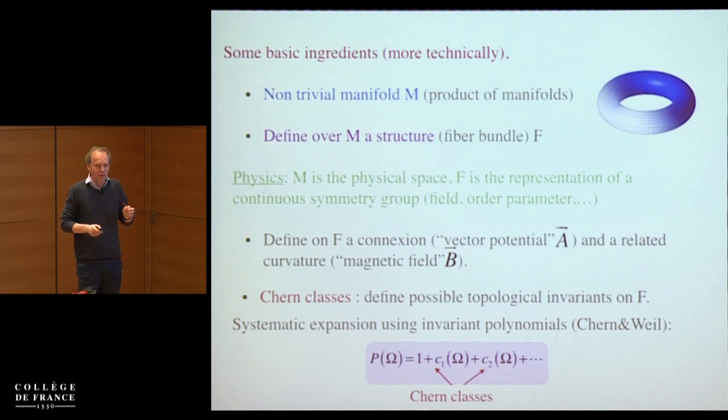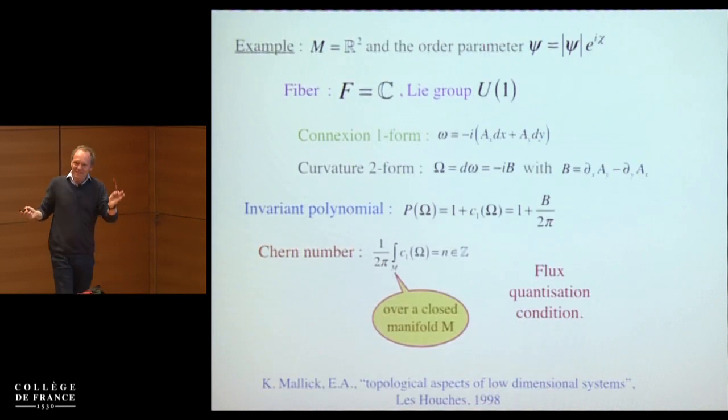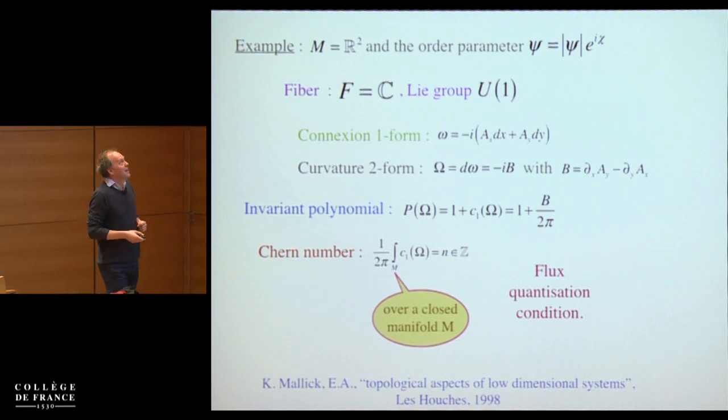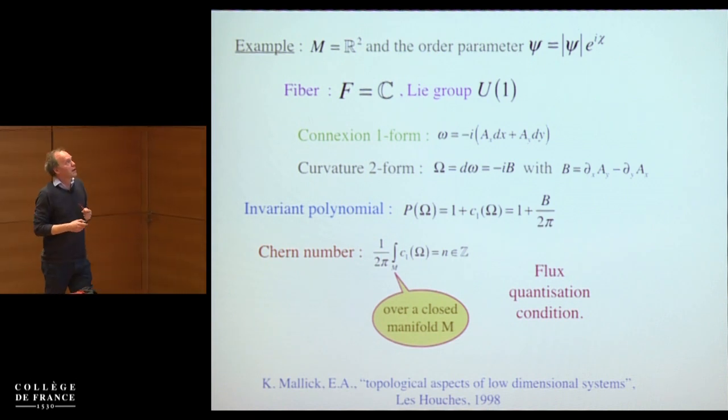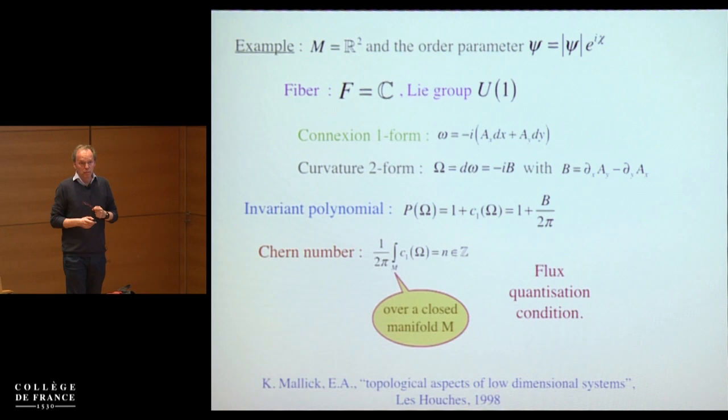Okay, so now again, I'm sure that it's split into people that are bored and people that say, I understand nothing. That's fair enough. Okay, now I take an example. I take the two-dimensional plane, and I define on this plane an order parameter, which is this one.